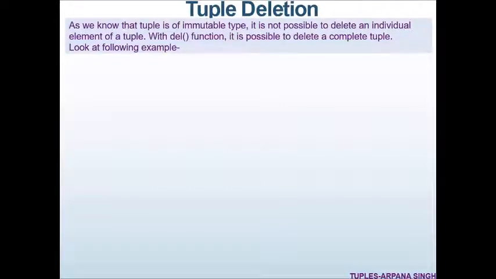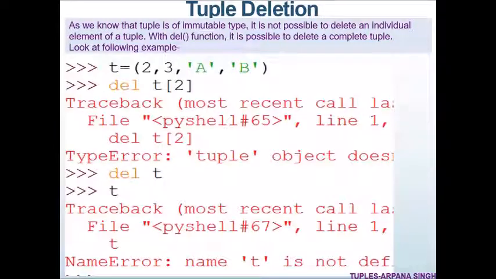First of all, how to delete elements from the tuple. Since tuple is immutable, it cannot be changed, so deletion of one or two elements from the tuple is not possible. With the del function you cannot delete elements like 1, 2, 3 from the tuple, because it will involve changing the tuple.